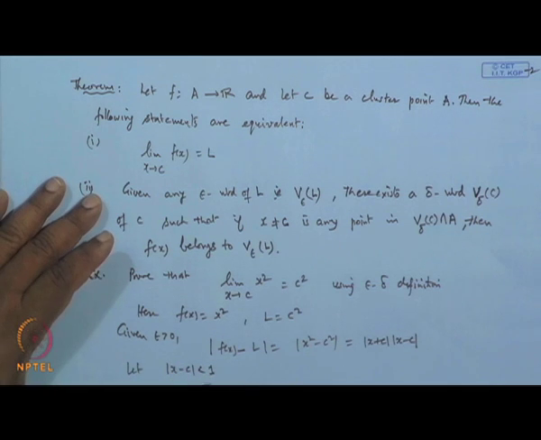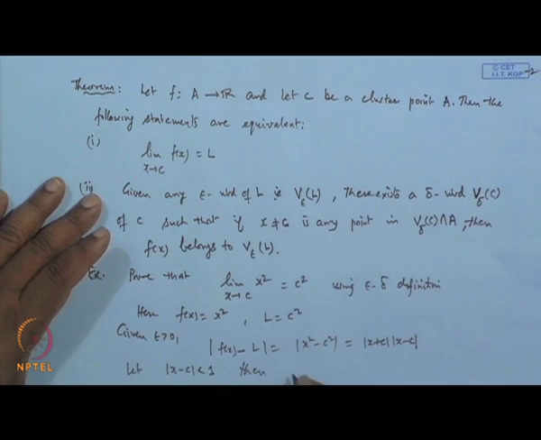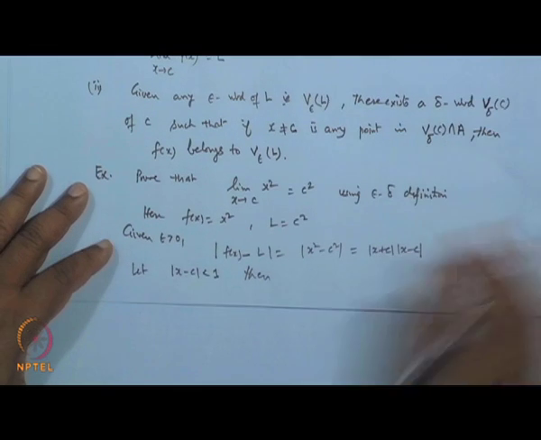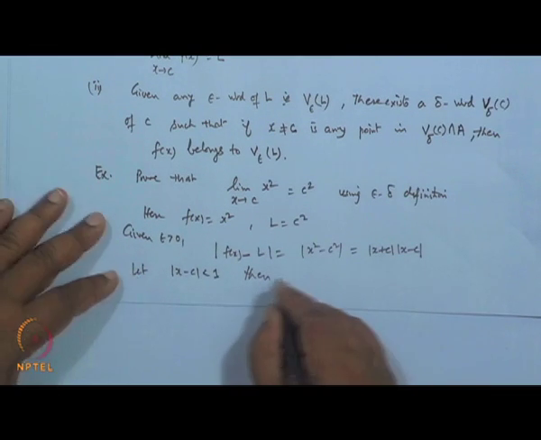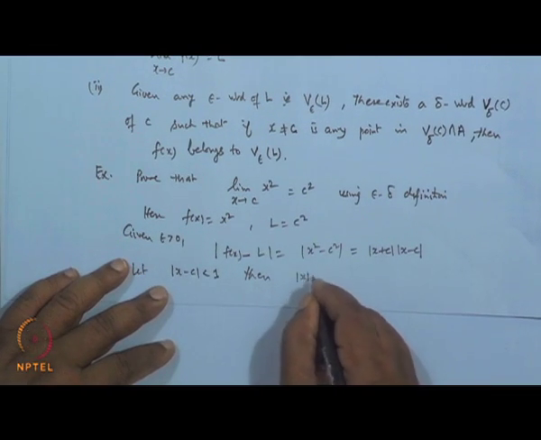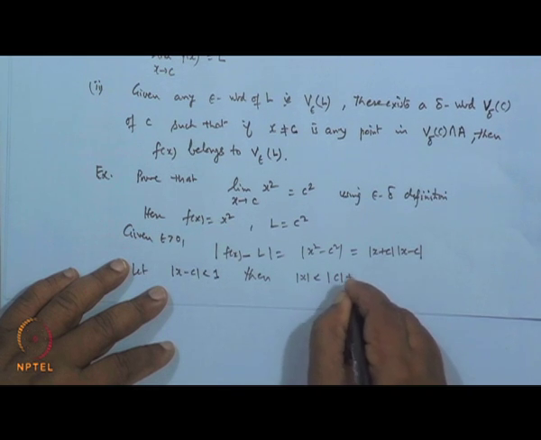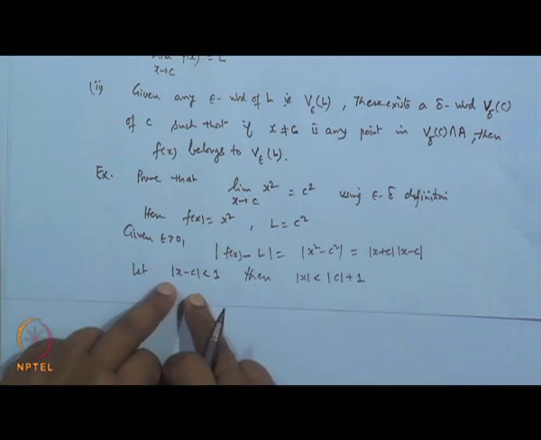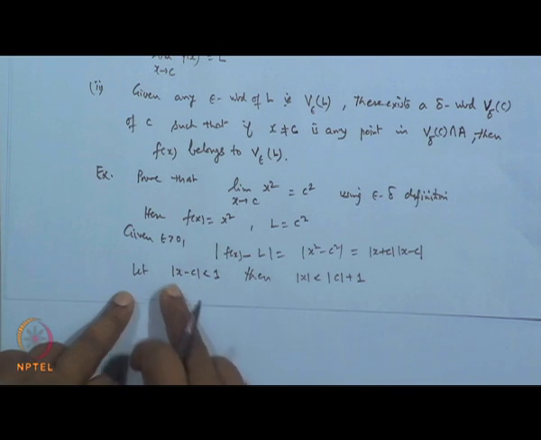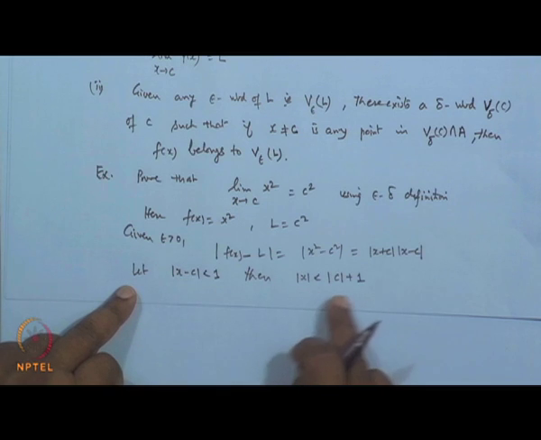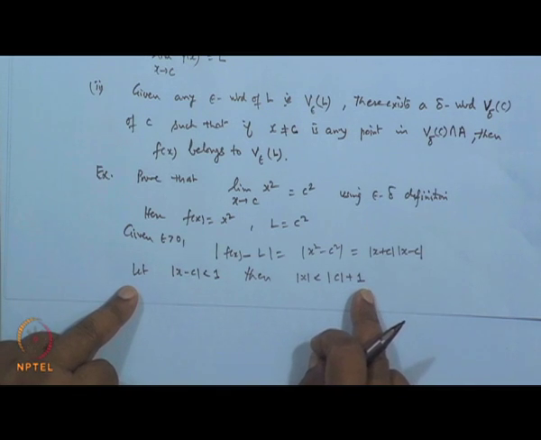If I take this, then we get the bound for x plus c. Mod x can be written like this, because mod x minus c is less than 1. So, mod x minus mod c is less than or equal to mod x minus c, and then mod x will be less than mod c plus 1.